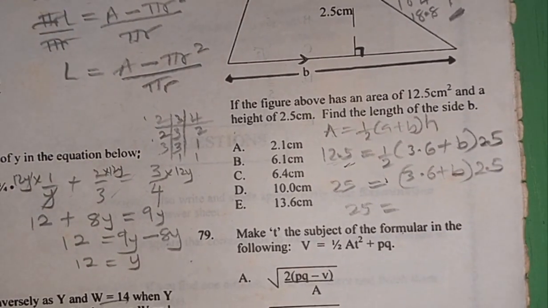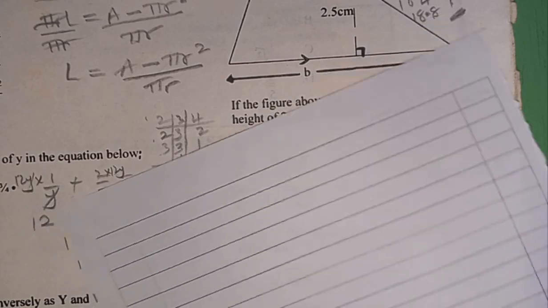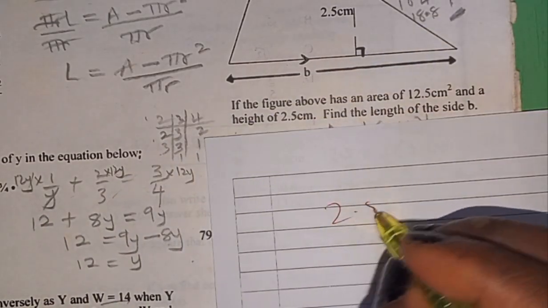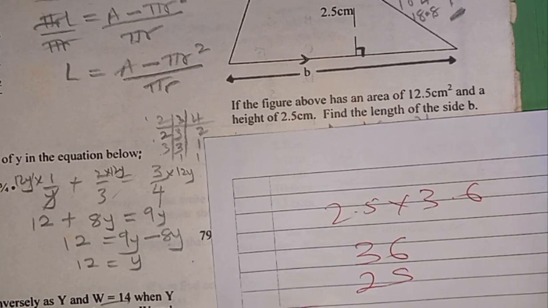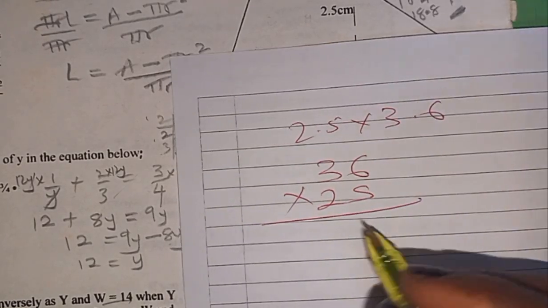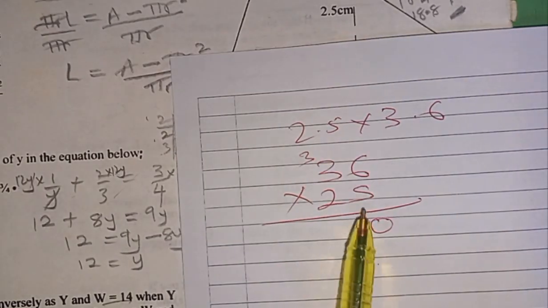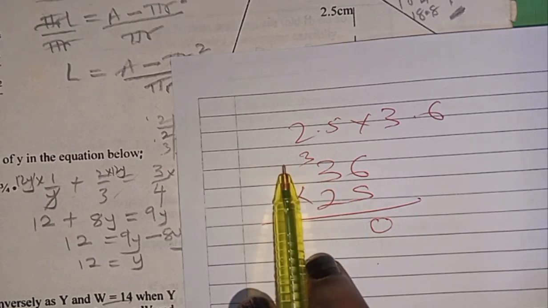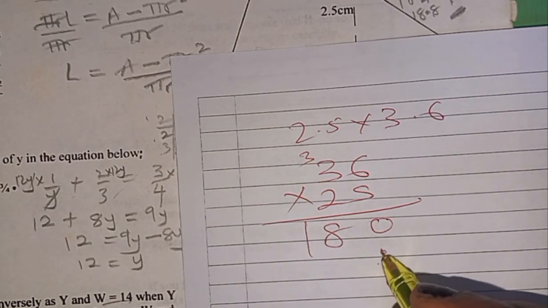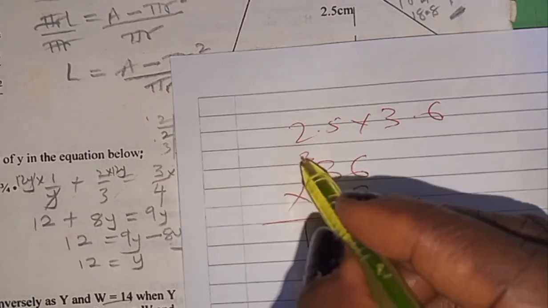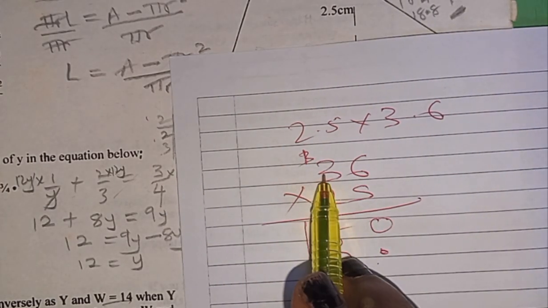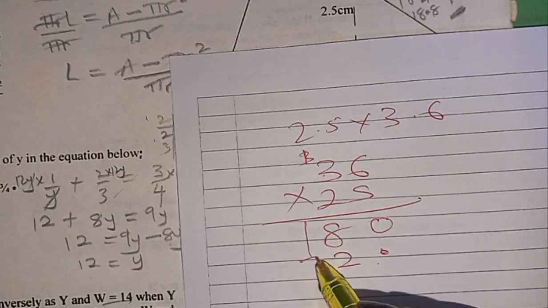Let's do it somewhere. 2.5 times 3.6 should be 25 times 36. So I will remove the point. Removing the point, you multiply. 5 times 3, 15, plus 3, 18. Then 2 times 6, 12, carry 1. 2 times 3, 6, plus 1, 7.